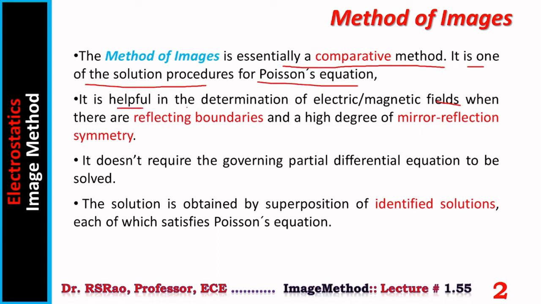It is helpful in the determination of electric and magnetic fields and potentials too when there are reflecting boundaries and a high degree of mirror reflection symmetry. So this method is most suitable when the configuration involves reflecting boundaries and a high degree of mirror reflection symmetry.